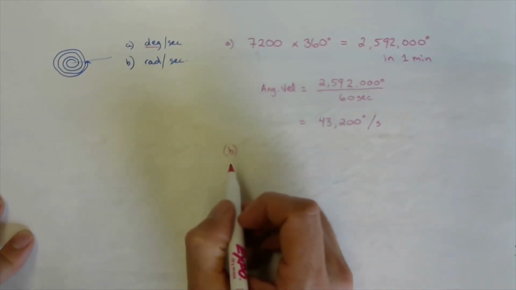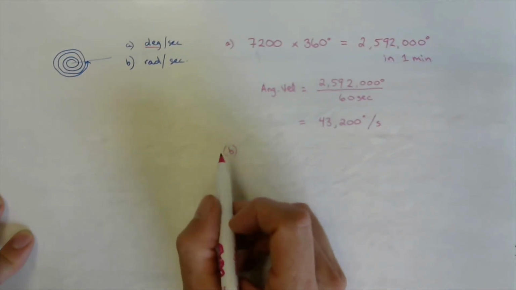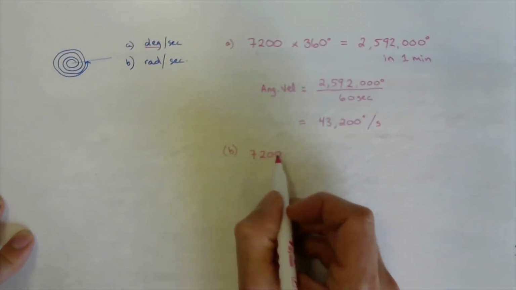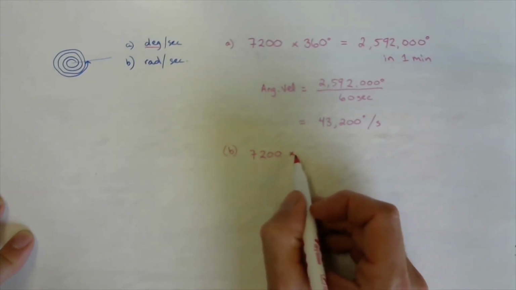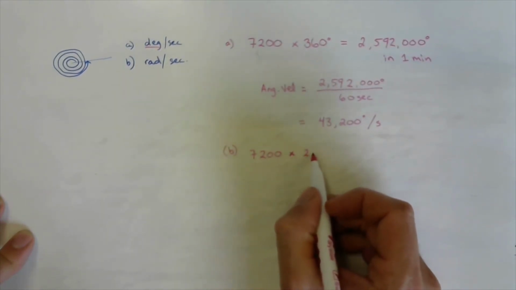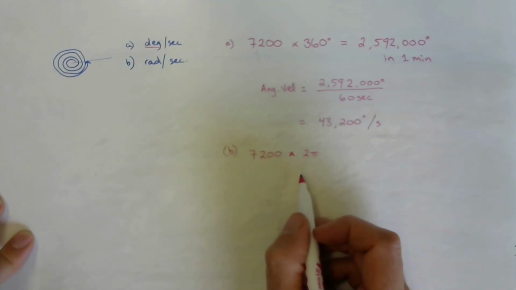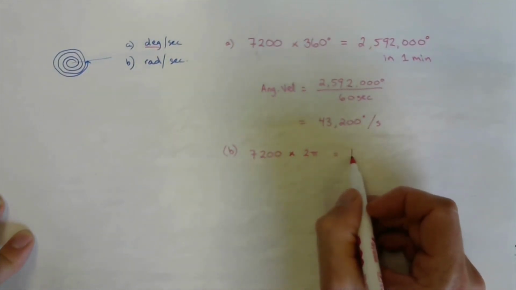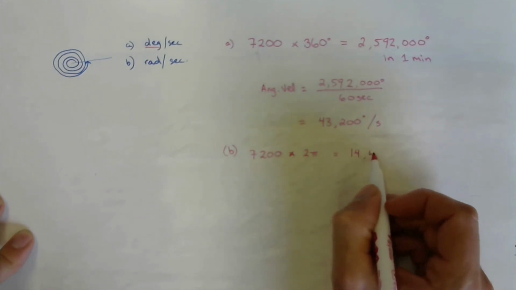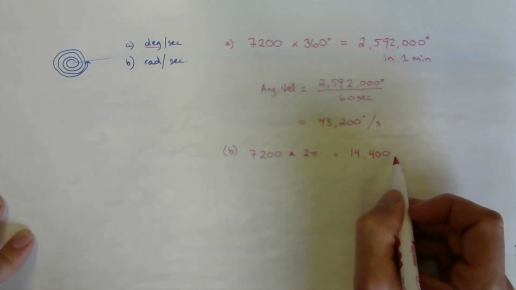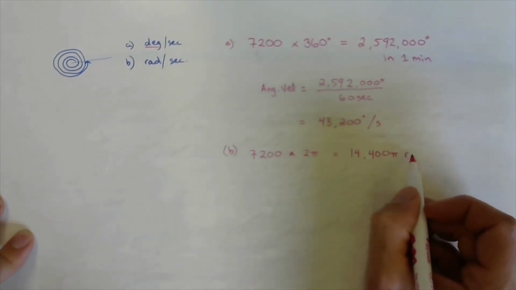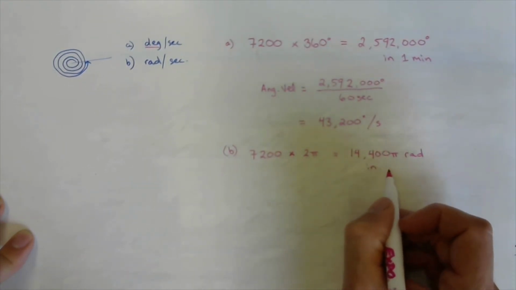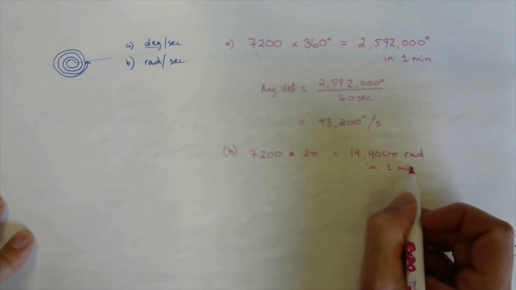We're going to apply essentially the same strategy in B, except this time we're talking about radians. So we take our 7,200 revolutions, we times it by the number of radians to complete one full revolution, which is 2 pi, which gives us 14,400 pi radians in 1 minute.